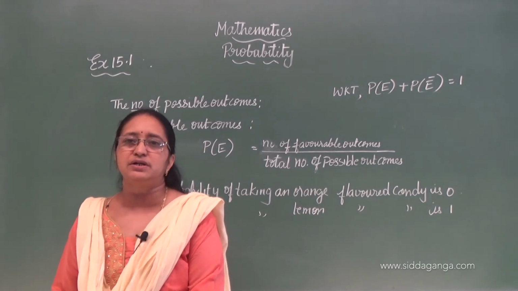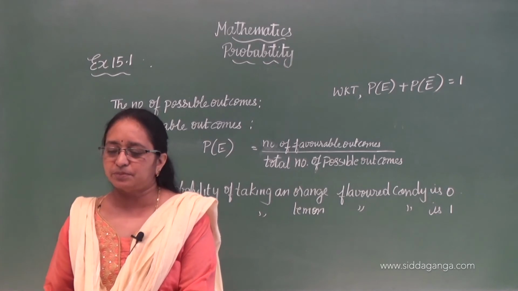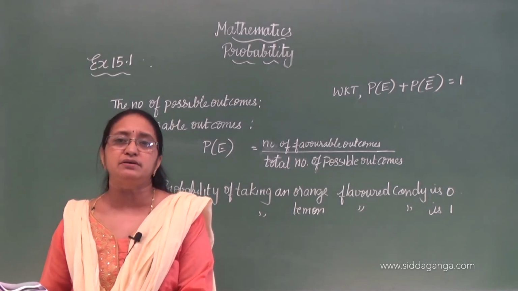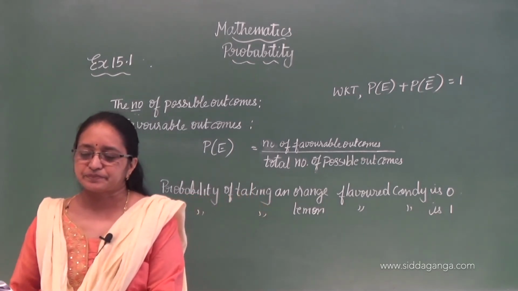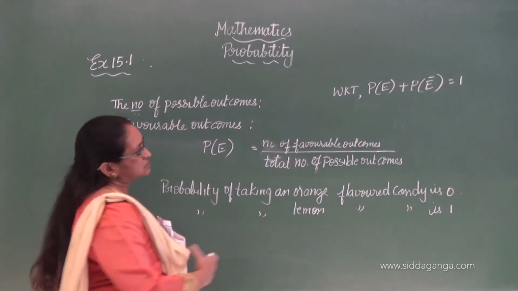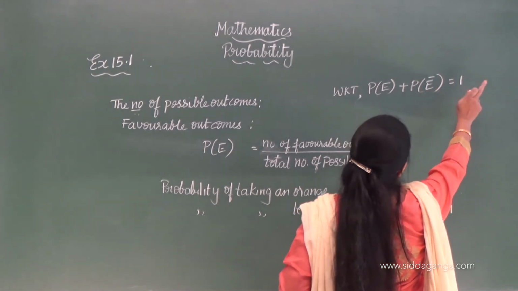Again, we did one example here already, and the same way you have to do it. We know that P of E plus P of not E is equal to 1.